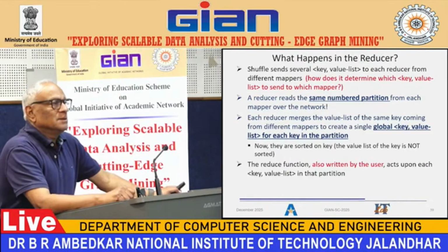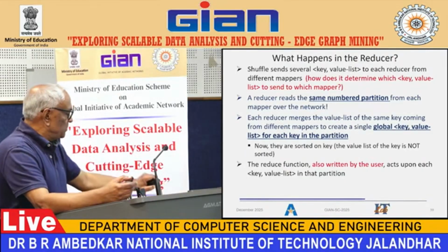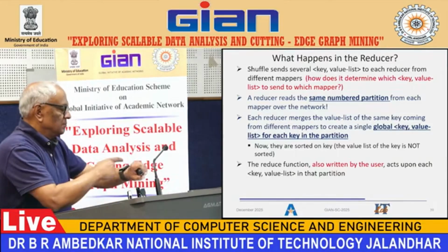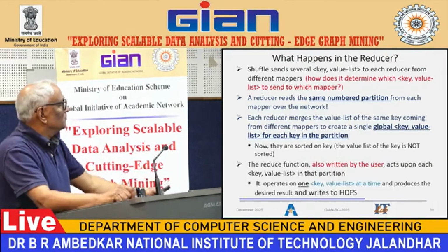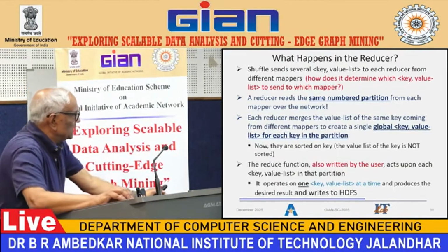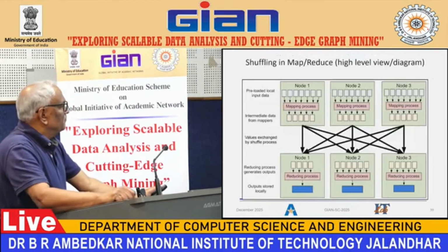This is what I said, transparent to the end user and happens as part of the framework. It operates on one key value list at a time and puts the output on the HDFS.